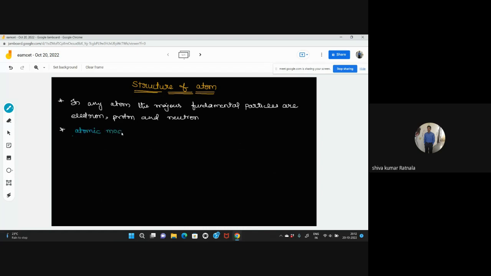Next concept is atomic models. In the atomic models, which are we going to discuss? We have the Thomson model, Rutherford's model, as well as Bohr's model. First one is the Thomson model.